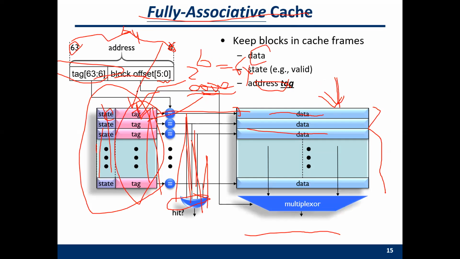This can help you enlarge your cache hit rate. But when you do the lookup, when you do the cache access, it brings you trouble. You need to compare against a lot of tags, because one line could be stored in any of these positions. You don't know which position it is stored in, so you have to compare against all the tags here. So the hit rate is high, but the cache access is slow.